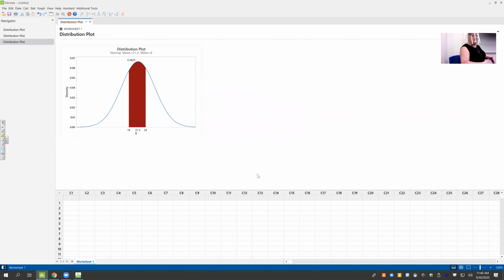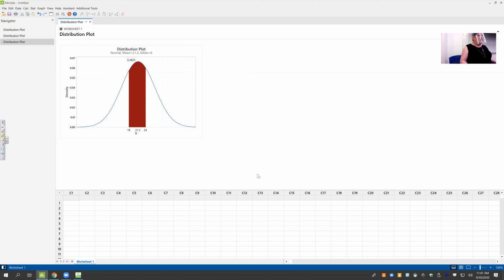And again, I get this picture of the curve. At the very top, it has 0.3825. So the area of this red shaded region, which corresponds to the probability, is 0.3825. Minitab's doing all the work as long as you tell it what to calculate correctly.